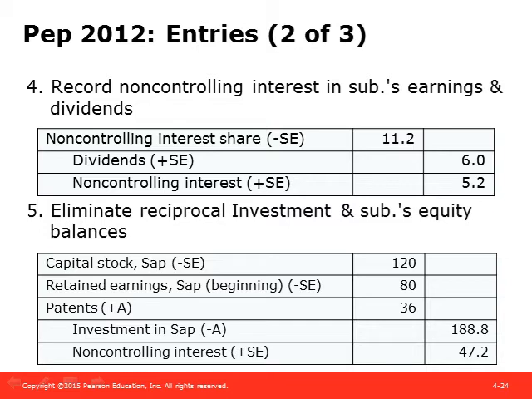And then we're debiting the patents account for $36K. Then the offset, or the credit side of this, is a credit to the investment in SAP account, which is a reduction to assets of $188.8K, and then a non-controlling interest credit, which increases our shareholders' equity of $47.2K.